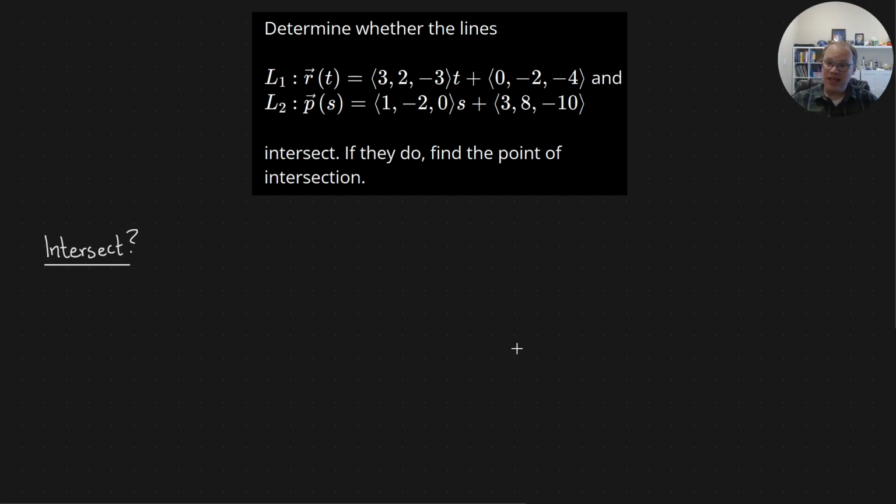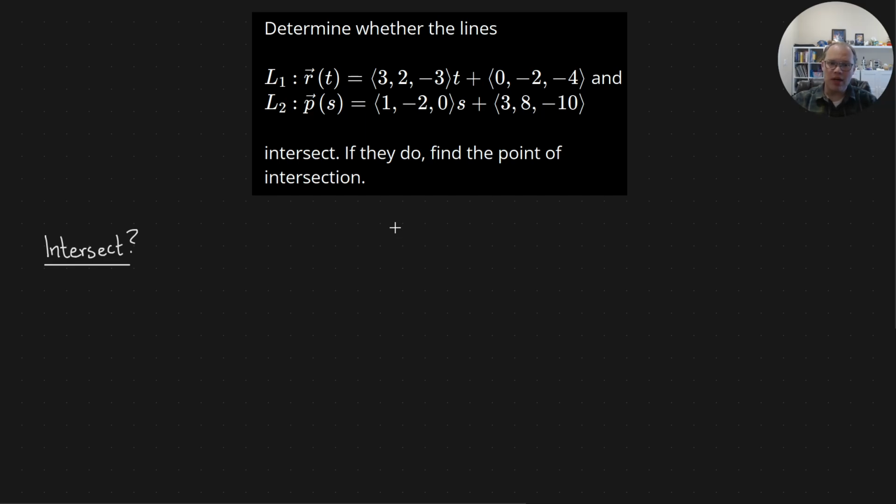If they intersect, there is a point which they share. But we have to be careful here because they may not reach the same point at the same time. This equation tells me the points we reach with this line, and this equation tells me the points we reach with that line.